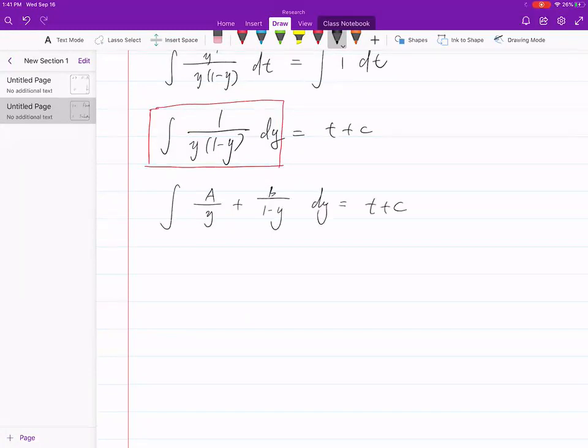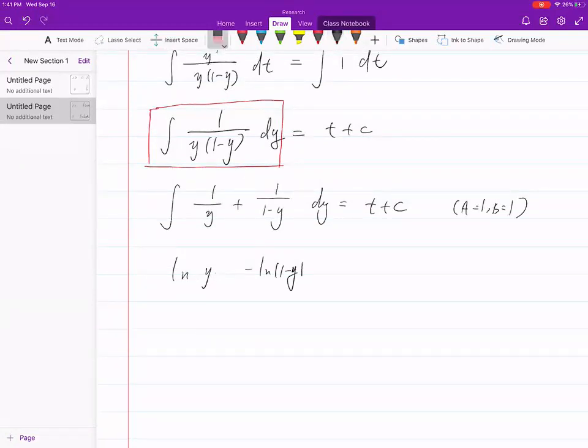And I am just going to skip. You figure out how to find A equals 1 and B equals 1. Okay, but this works. Now what's the solution for the first one? Ln y. What's the solution for the next one? It's ln 1 minus y, minus.